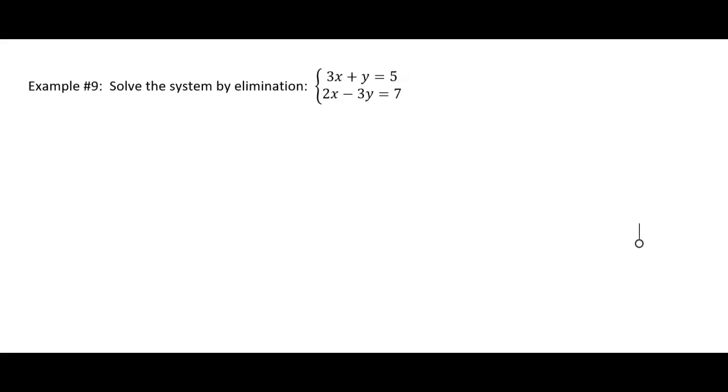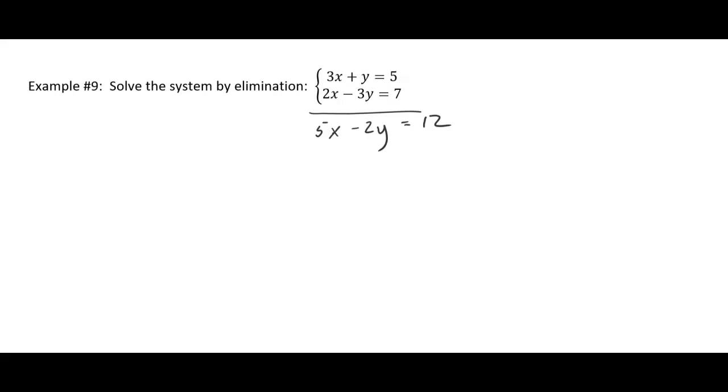If I were just to add those equations, I would get, well, I'm going to erase this, but let's see what happens. 3x plus 2x, 5x, right? Y and negative 3y, that'd be negative 2y equals 12. Okay, that doesn't get us anywhere. It's not that it's wrong, it just isn't helpful because I didn't eliminate anything.